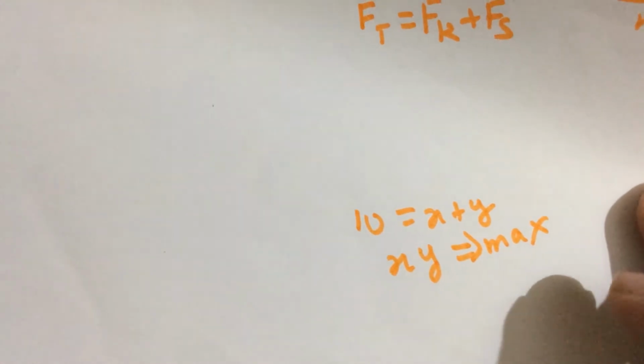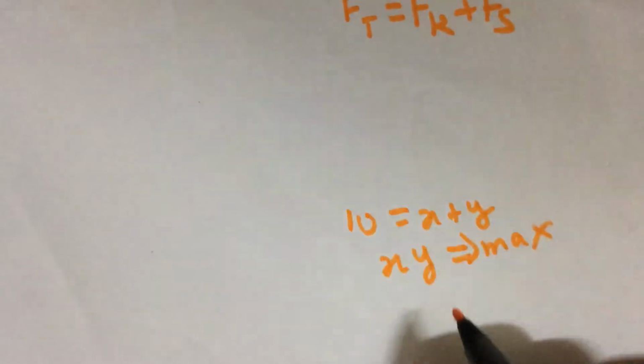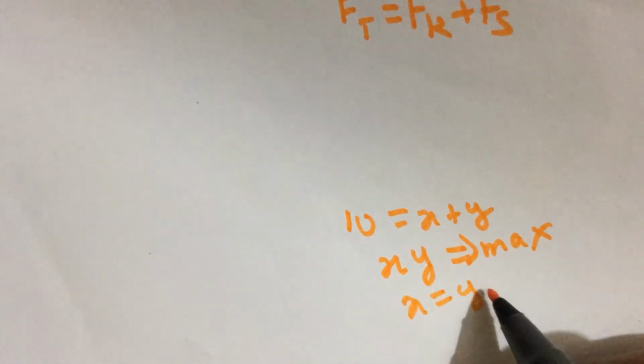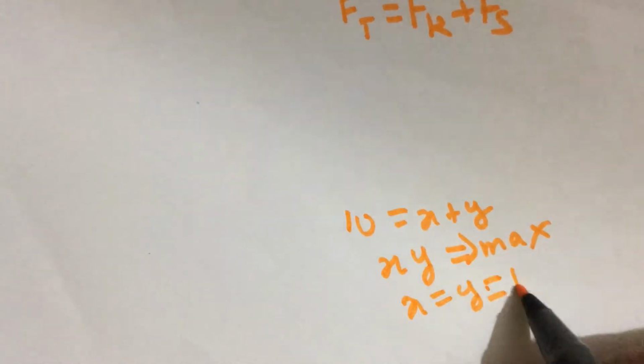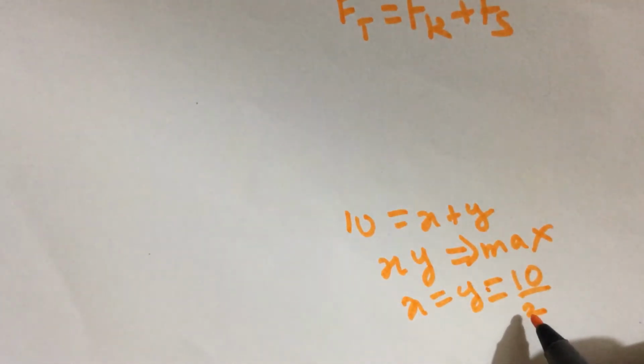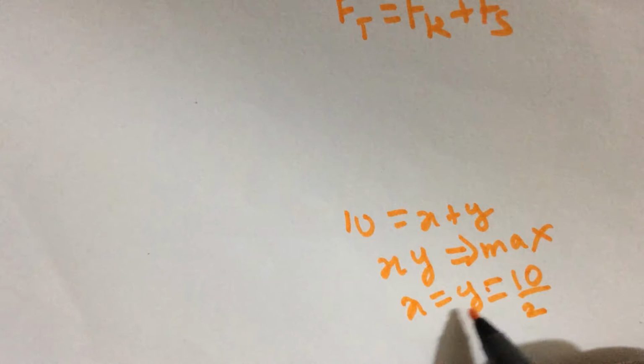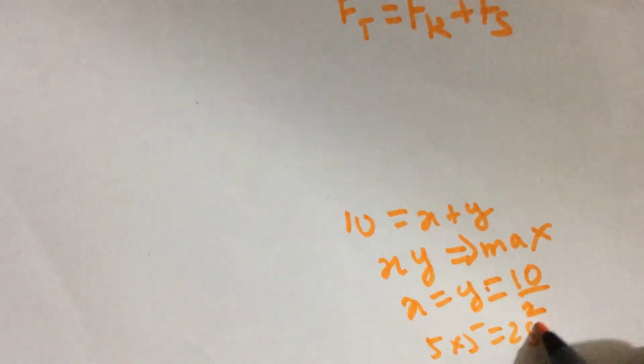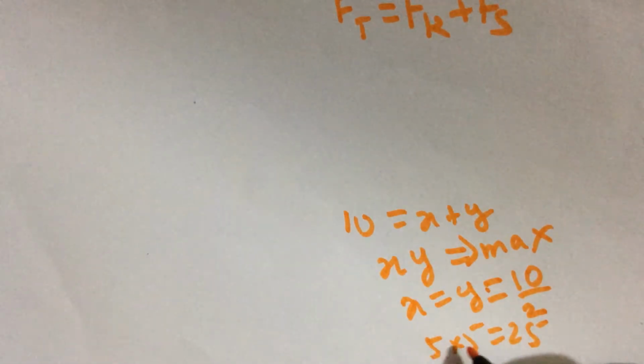Then you can take many examples, but basically we get the maximum value only when x is equal to y is equal to 10 by 2. Now, if x is equal to y is equal to 10 by 2, it will be 5 into 5 is equal to 25.